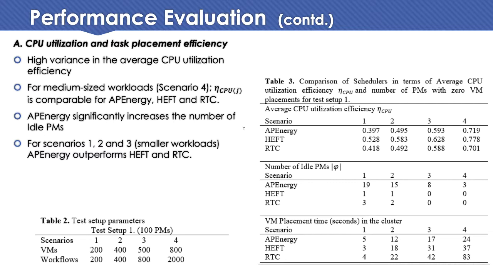Due to a low number of VMs per PM, the APEnergy scheduler increases the ratio of the number of VMs per PM. This reflects an increased number of physical machines with near zero workloads. Consequently, the average CPU utilization efficiency for scenario 1 is lower for APEnergy scheduler in comparison with HEFT and RTC.